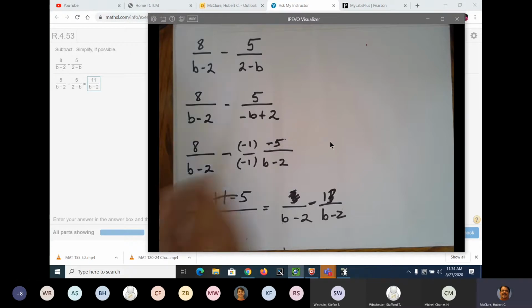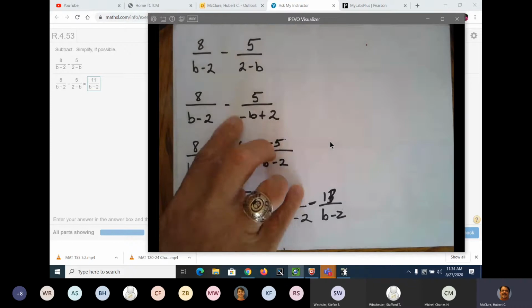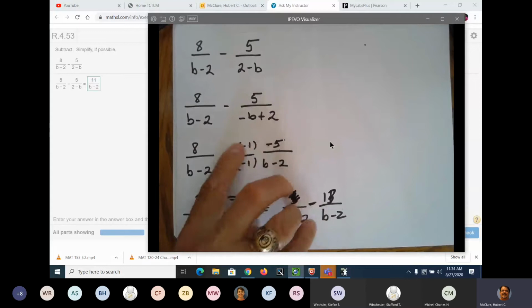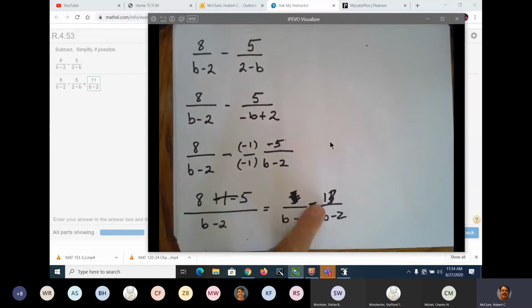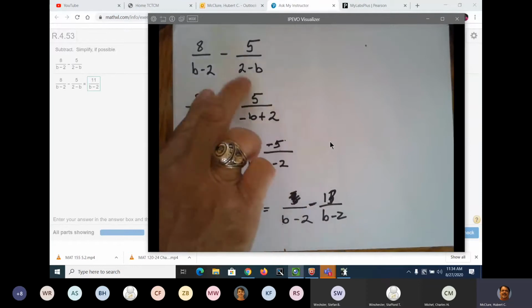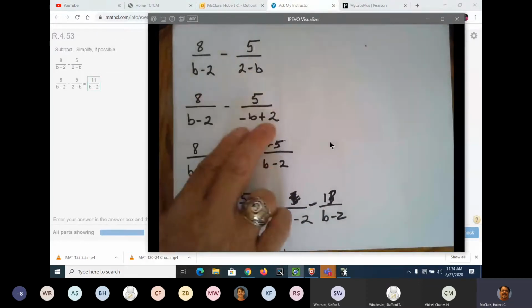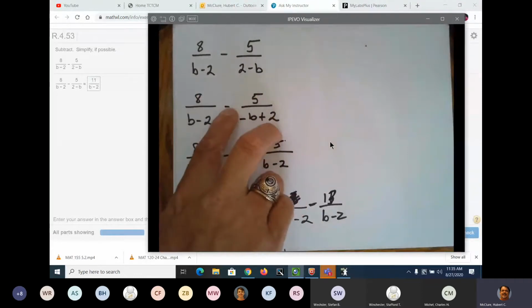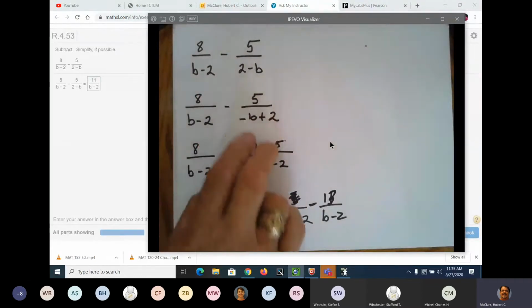So just remember this right here. If you factor out a negative, that's going to make that positive, because the negatives right here will make that a positive and change that to a 13. So remember, when you've got one like this, you can rewrite it and multiply by -1 over -1. And -5 times a negative is +5. I had an extra negative right there.